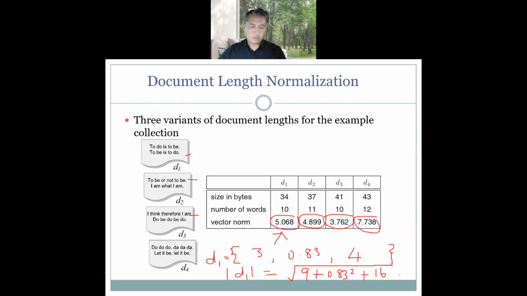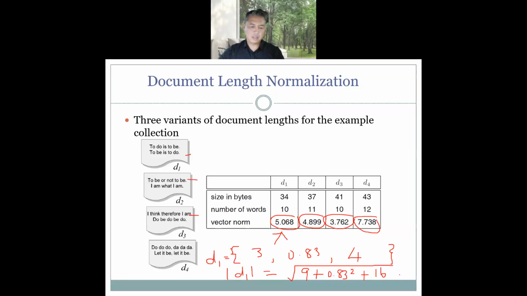what is the answer for that? Square root of 8.3 times 8.3 plus 25. So you get 25.6.